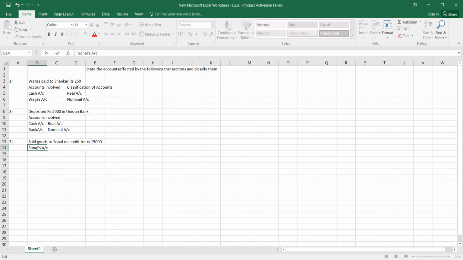And sold goods, so the next account will be sales account. Two accounts involved here are Sonal's account, because goods are sold to Sonal on credit and the transaction has not been closed. You still need to recover money from Sonal.